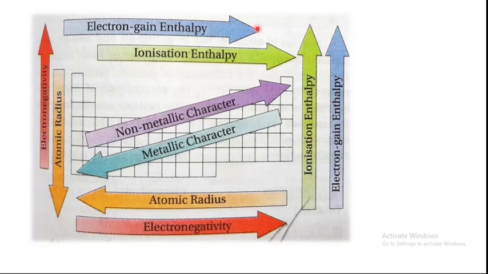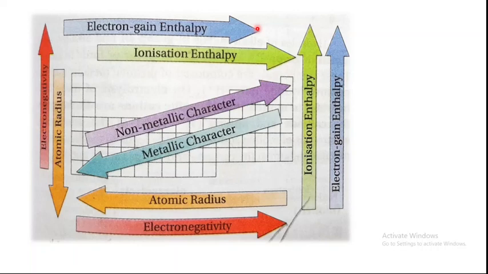Similar reason is also applicable for sulfur. The electron gain enthalpy of sulfur is greater than oxygen. This can also be explained with the help of similar reason. And we observe that halogens have the highest electron gain enthalpy.